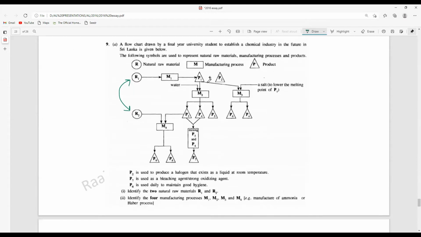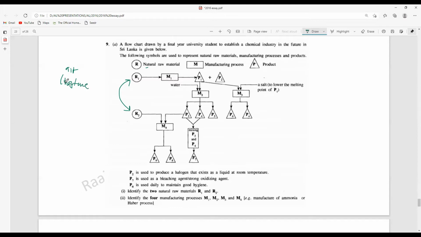So let's first go through the flow chart. These are 2 natural raw materials, so this could be air, and this could be, let's say, limestone for an example, maybe we don't know.